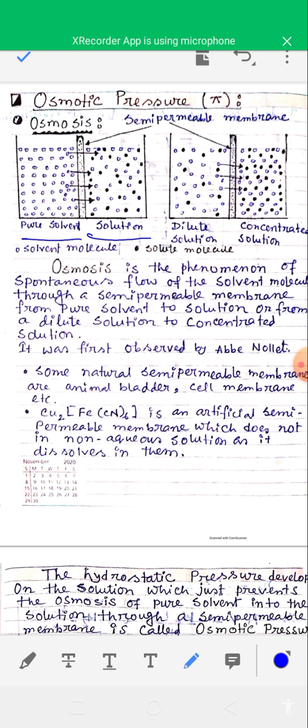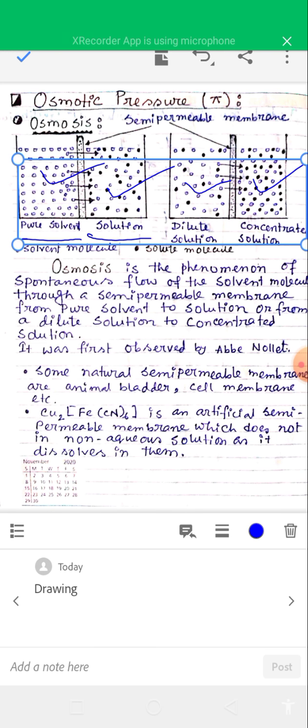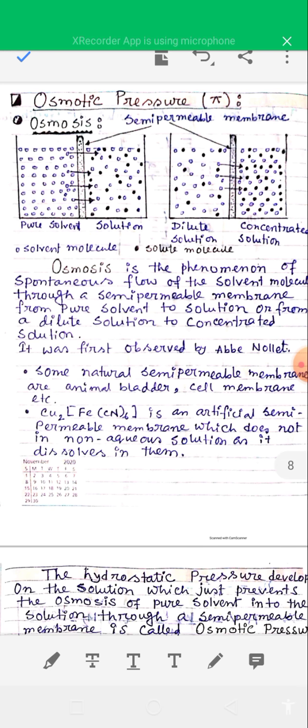What you will see, the solvent molecules will pass through the semi-permeable membrane from pure solvent to solution side, or from dilute solution to concentrated solution. Only solvent particles will pass, not the solute particles, because the semi-permeable membrane allows the passing of solvent particles only.